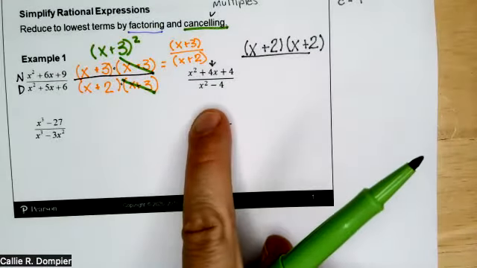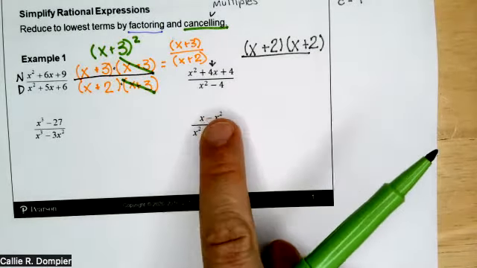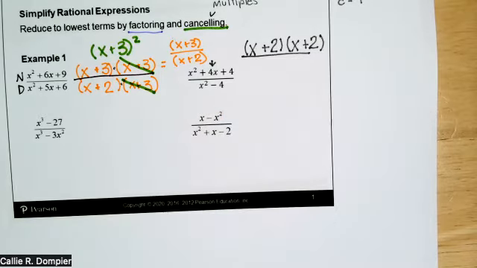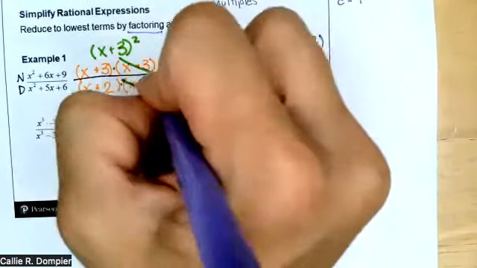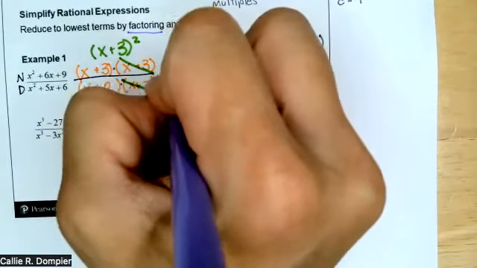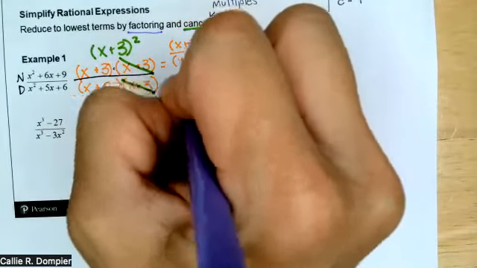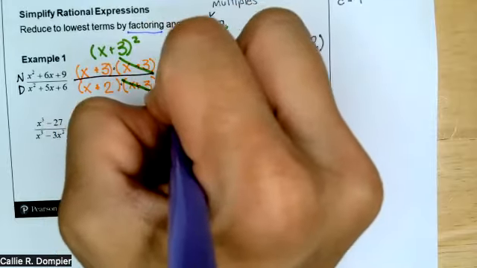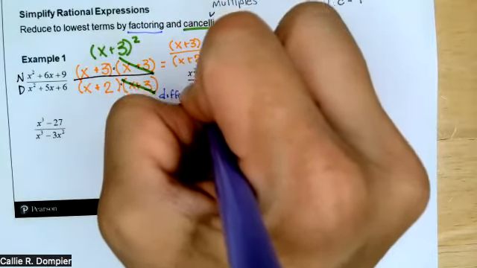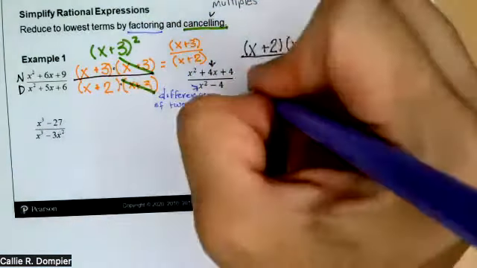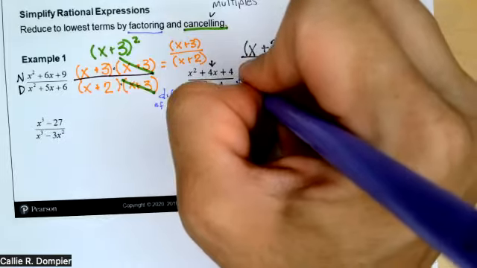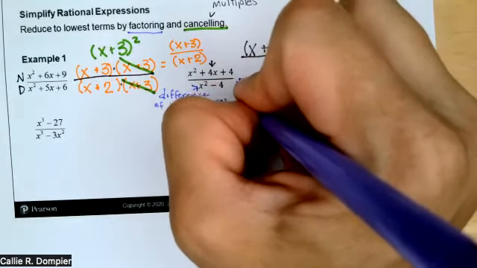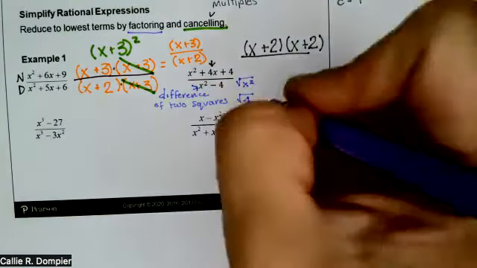Down here, I have x squared minus 4. This is the difference of 2 squares, okay? So we did go over that. The difference of 2 squares means that I can take the square root of x squared and the square root of 4, not negative 4, positive 4.